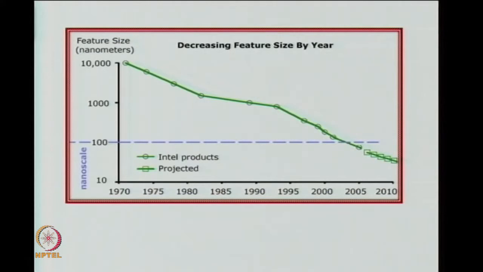And as you see, the feature size has decreased from around 10,000 in 1970 to now close to around 20 or 30 or 40, which is in the nanoscale.